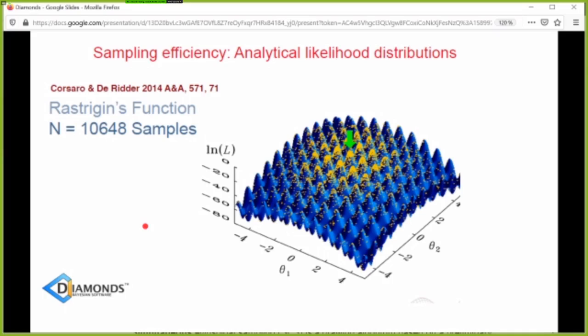The only thing that I know, and I'm not sure, but it would be my explanation, is that DIAMONDS is written in C++. Oh, which would be faster than Python, yeah. Yeah, and MultiNest was in Fortran, and if something is written in Python, I'm afraid it would take an eternity to do anything.